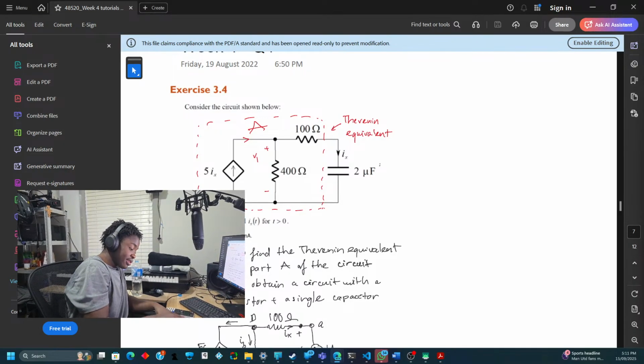Okay, so wait, I made a mistake. We don't need to do all of this to figure out what A or B is, what it's telling us. So we multiply this by 100.